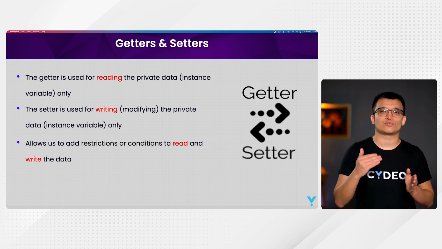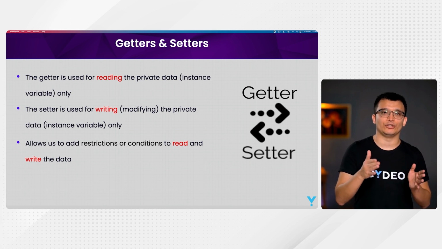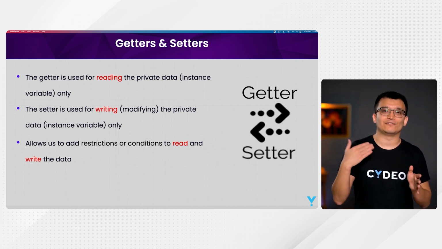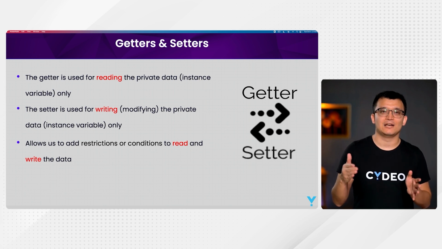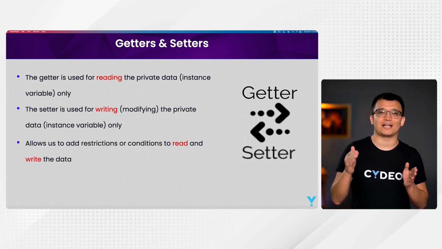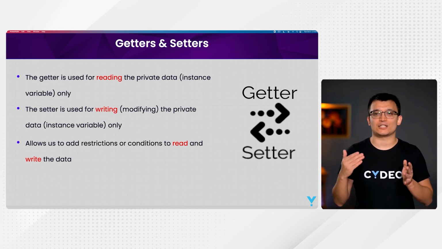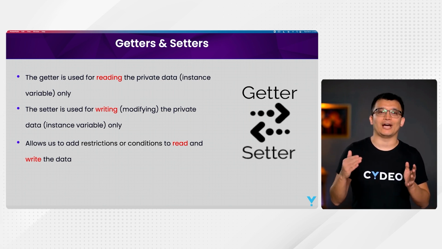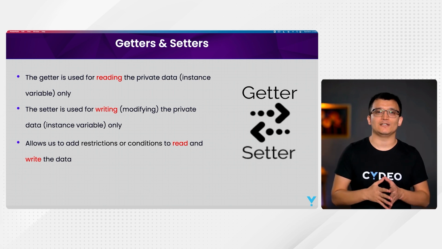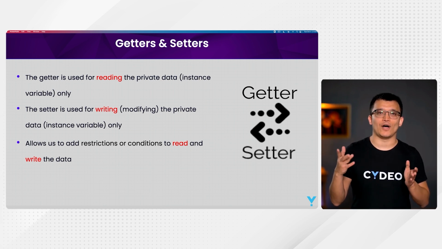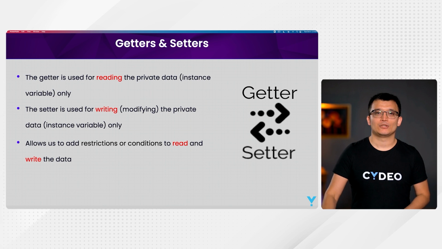If there are conditions to be checked before reading, you add them into the getter. And if there are conditions that have to be passed before setting the data, you add those conditions into the setter. So by using getters and setters, we are able to add more restrictions to the data of the object. You will have more control over the data.